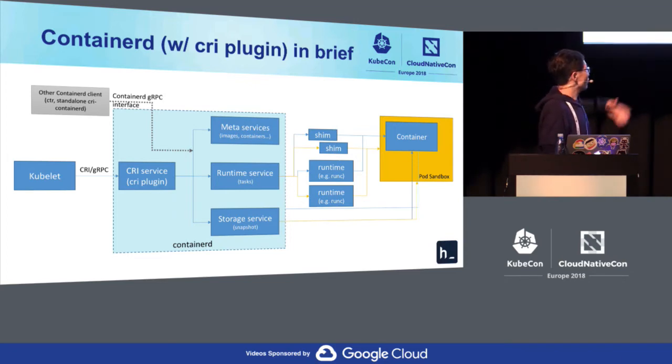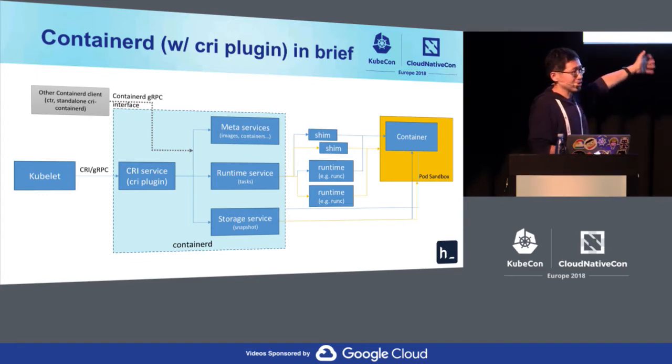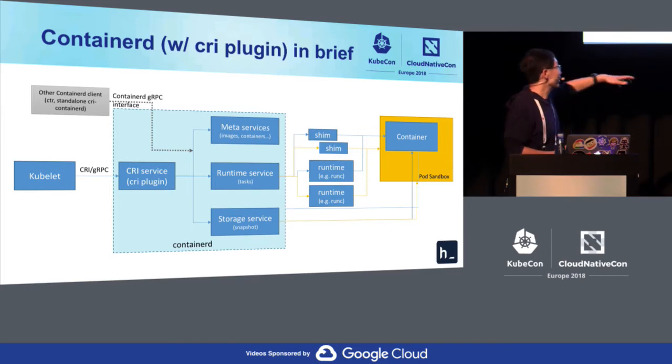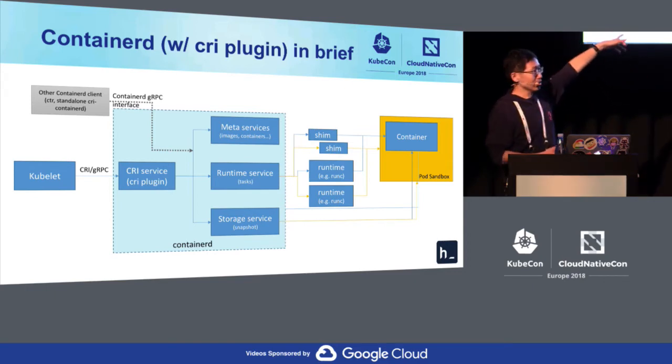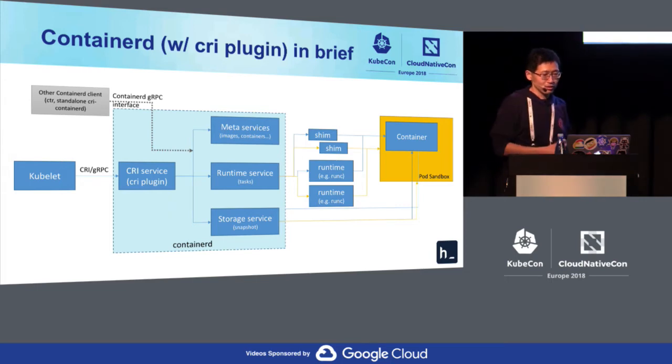It includes the runtime service that will run the runtimes, the storage service called snapshot, the diff plugins, and storage of the metadata in the images and containers plugins. So Containerd itself is highly dependent on the plugin mechanism.